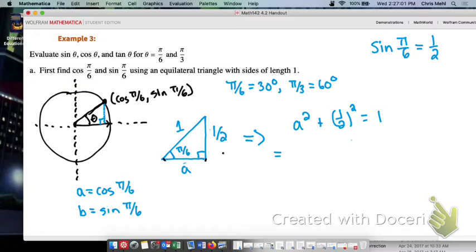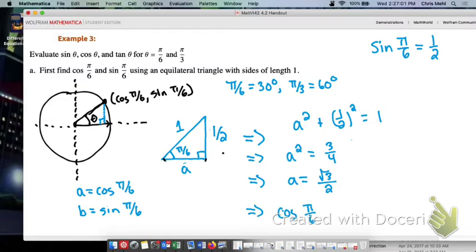Now what you can do is, 1/2 squared is 1/4. You can subtract 1/4 from both sides to get a squared equals 3/4, and I'll take the square root of both sides. The right-hand side ends up being the square root of 3/4, which is the square root of 3 over the square root of 4, which is 2. And there we go. Now we have cosine of pi over 6.